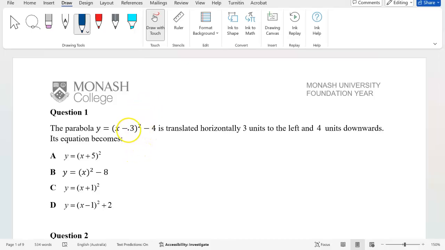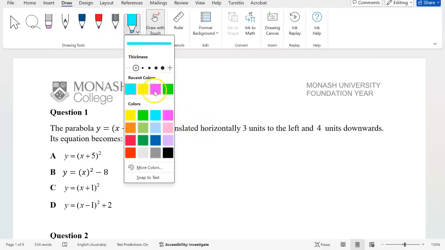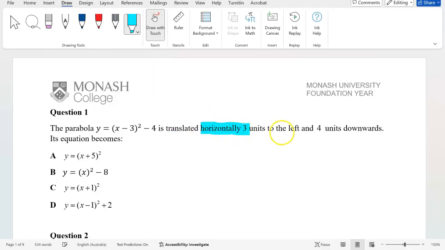Guys, question number 1, you have the parabola and it's been translated 3 units horizontally. Alright, 3 units horizontally, that means to the left. To the left means plus 3 and then 4 units downwards.